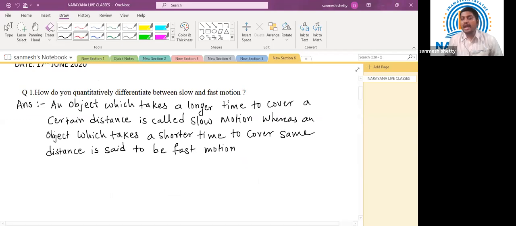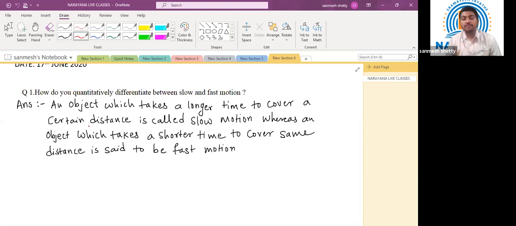Basically, the whole idea of slow moving and fast moving objects is based on the fact that the object covers a given distance in a lesser amount of time or a larger amount of time. If the object covers a given distance in a shorter amount of time, we say that the object is moving fast.